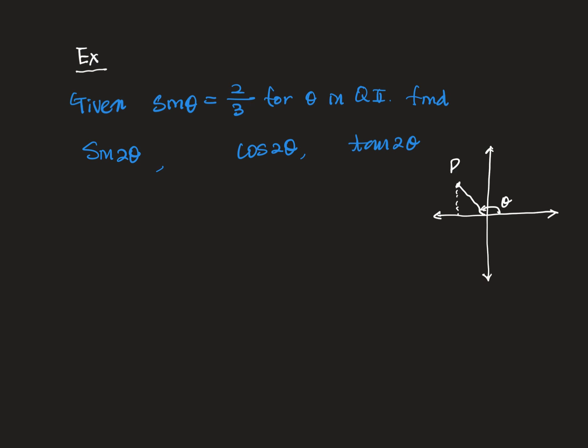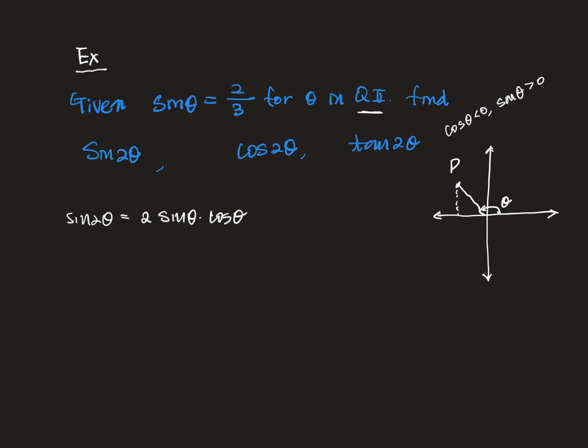This time they give sine theta equals 2 over 3 in quadrant 2. In quadrant 2, cosine is negative and sine is positive. We are looking for sine 2 theta, which is 2 sine theta cosine theta.